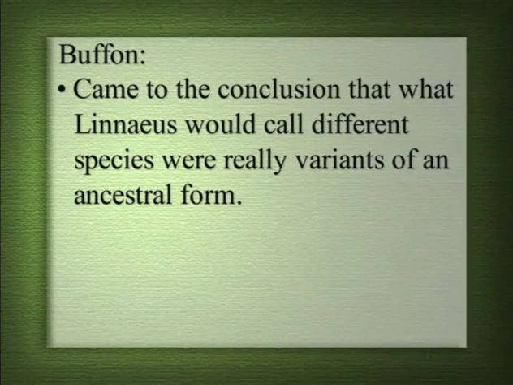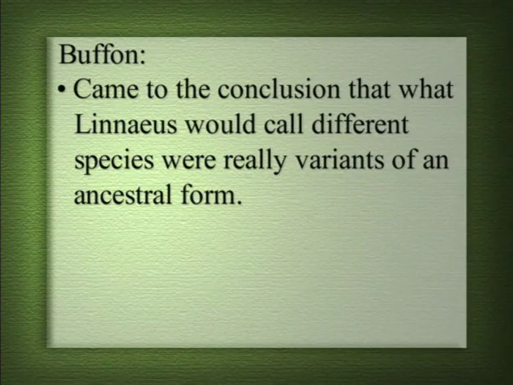He agreed that species had changed over time, but not the way Linnaeus imagined. Buffon worked primarily on animals as opposed to plants. He came to the conclusion that what Linnaeus would call different species were really variants of an ancestral form. So he didn't want to join in the general enthusiasm that Linnaeus's system of classification was enjoying.